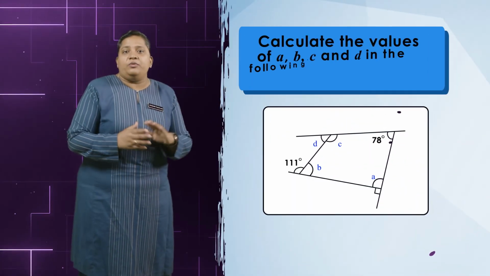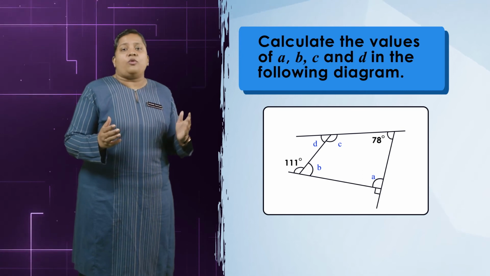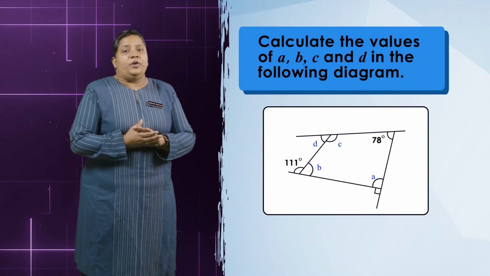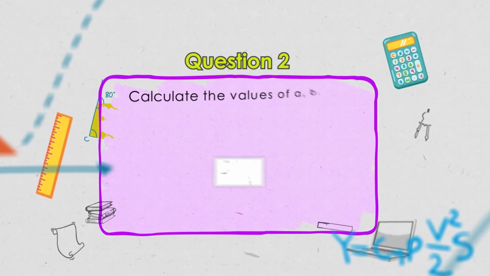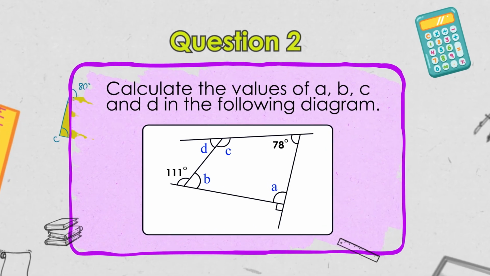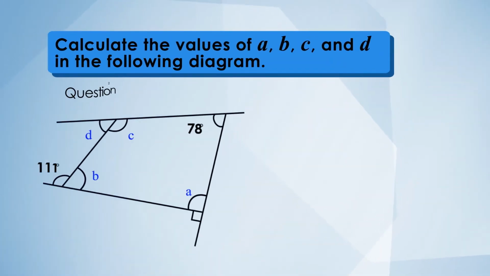In question 2, we are going to calculate the values of A, B, C and D in the following diagram. This diagram is a quadrilateral. A, B and C are all interior angles.